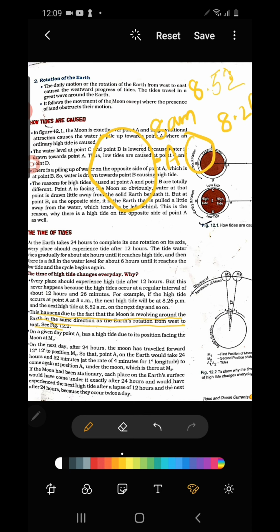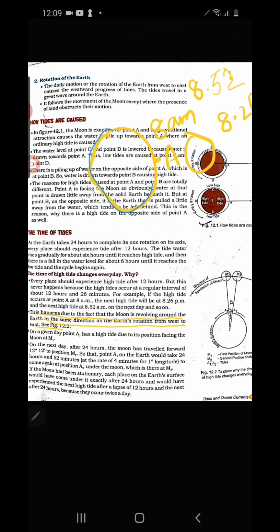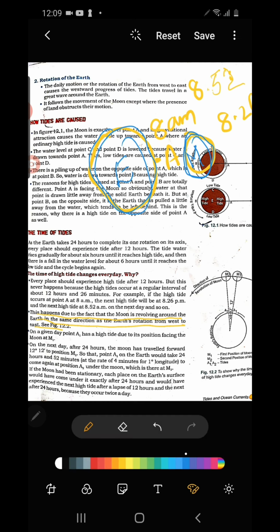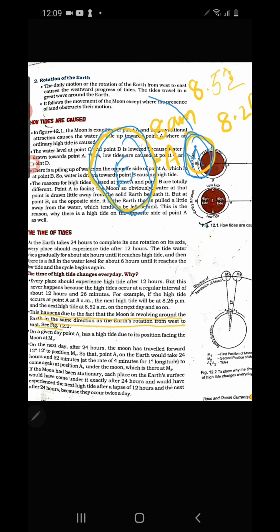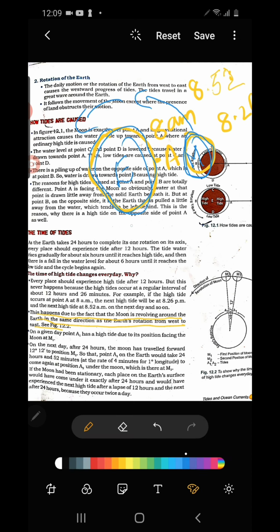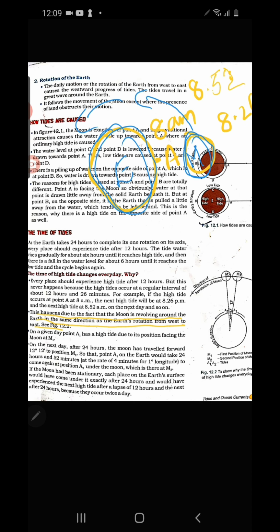The reason is that both the earth and the moon are not stationary, isn't it? The moon is revolving around the earth. The earth and moon are both rotating and moving in the direction from west to east.